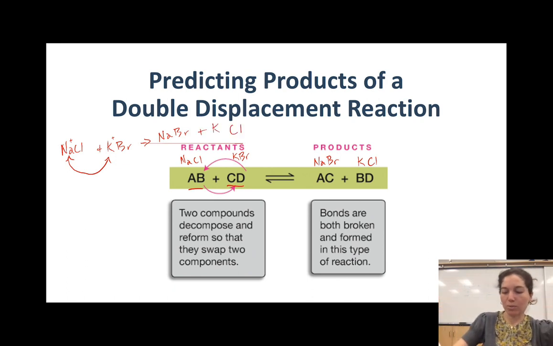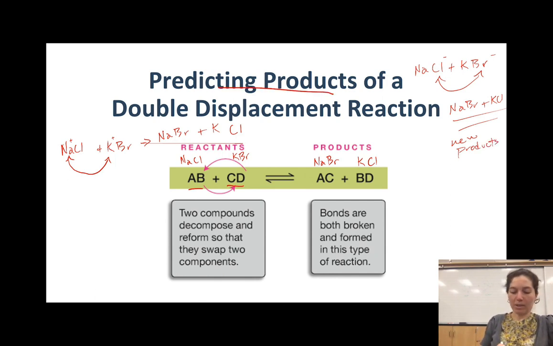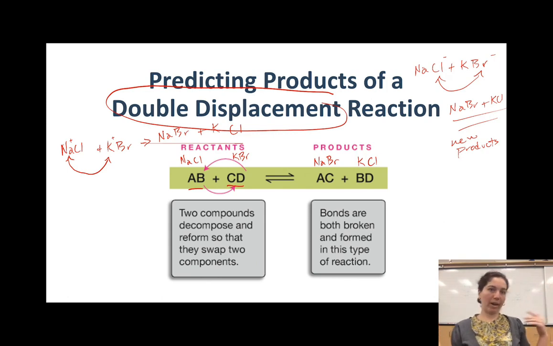Again, if you wanted to, you could swap the anions. It really doesn't matter, whatever is easiest for you to remember. So you could choose your Cl minus and your Br minus, and you can trade those, and you'd still end up with NaBr plus KCl. And so these are our new products after the reaction has occurred. That's what we call a double displacement or a double replacement reaction. You can see two things trading places.